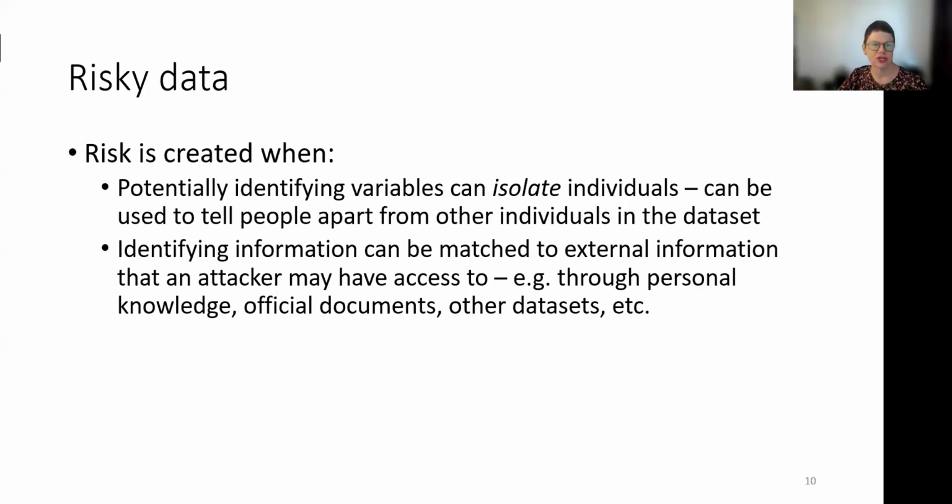So risk is what we're worried about, risky data. And risk is created when potentially identifying variables can isolate individuals. So it can be used to tell apart people from other people in a data set.